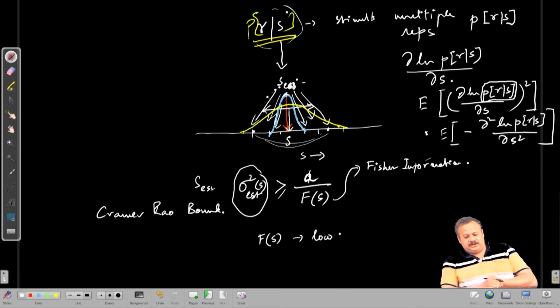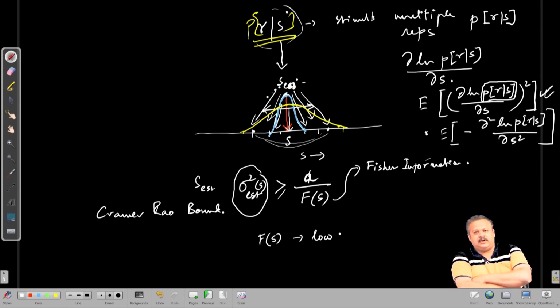So, based on the Fisher information, we can conclude how well the response encodes the stimulus, or in other words, if we are trying to estimate the stimulus from the response, how well we can estimate is determined by the Fisher information, which, as we have shown, is this expectation of the square of the score.